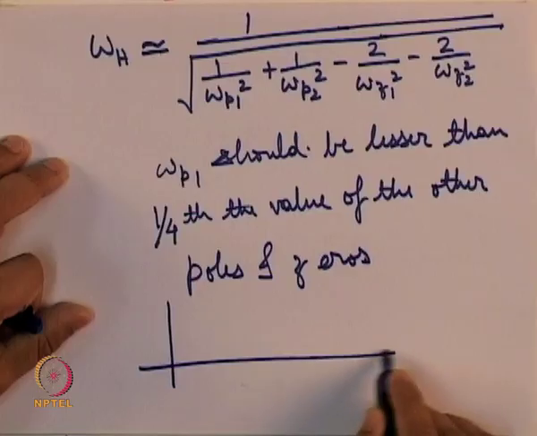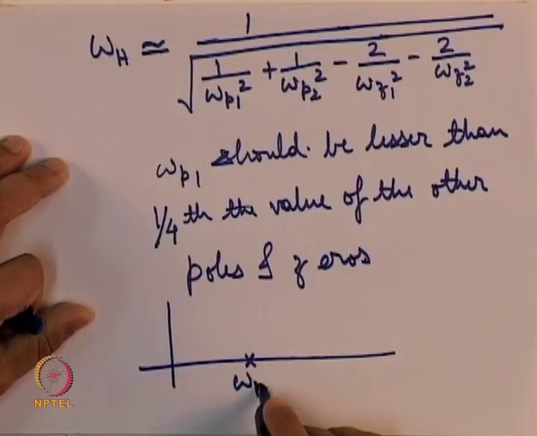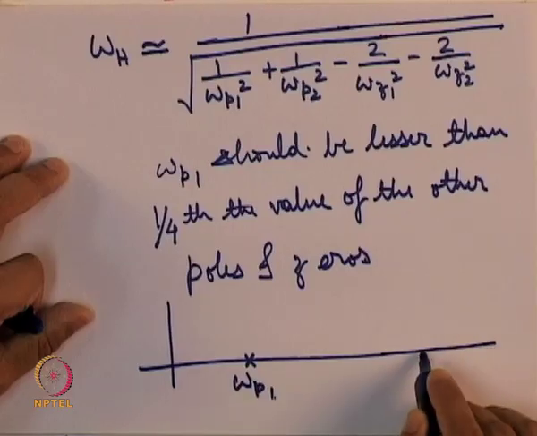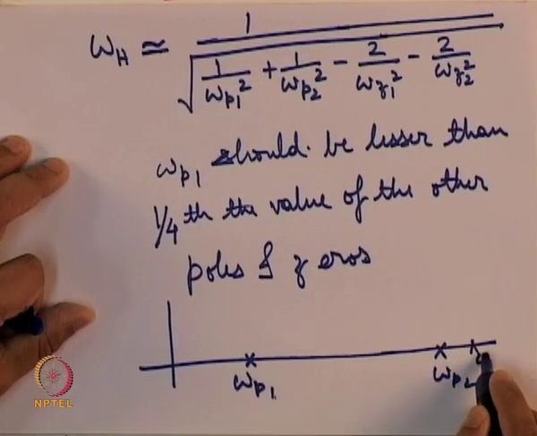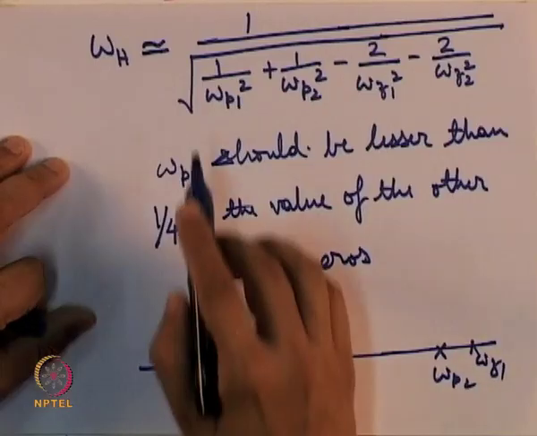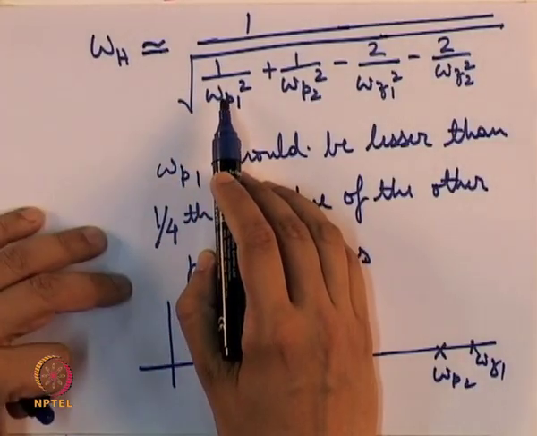That is, if this is omega p1, then all other poles should be at least 4 times away, like this. Now, this is the formula when we have 2 poles and 2 zeros.